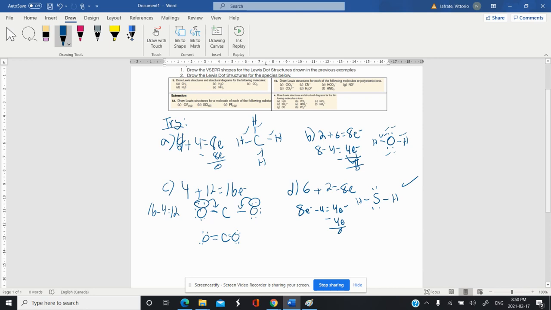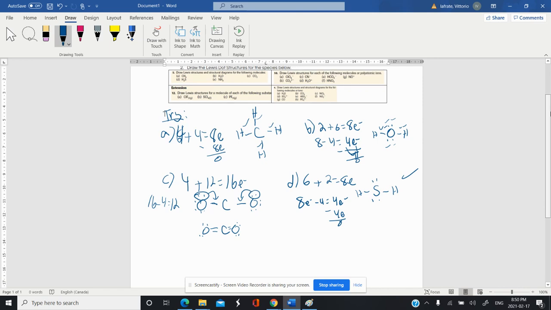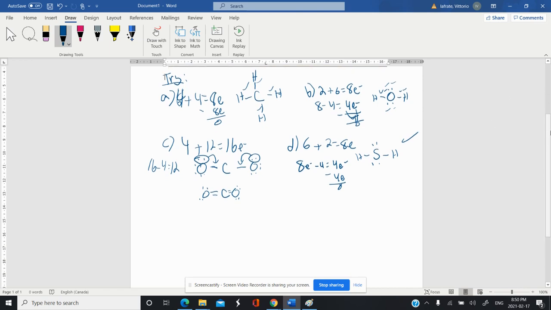Now we'll go ahead and try the NH3. So NH3. N has 5 valence electrons plus 3 electrons from the hydrogens. That's 8. Let's place our central atom as nitrogen there. We've just placed 6 electrons, so 8 minus 6 is 2 electrons left to place.